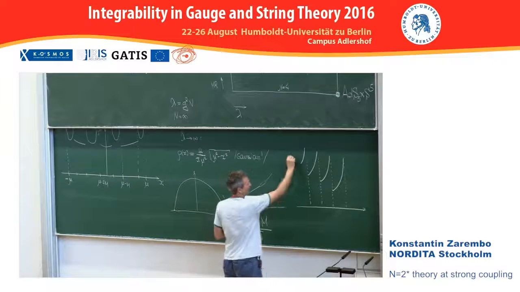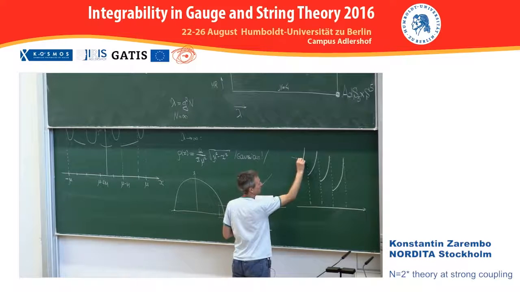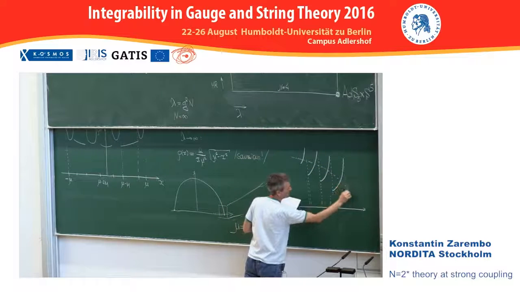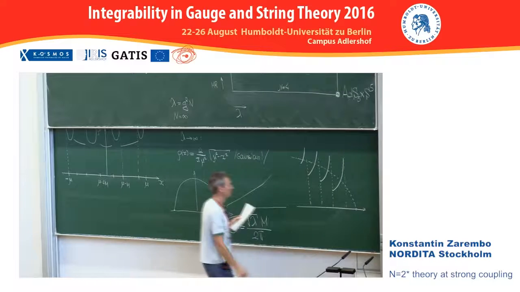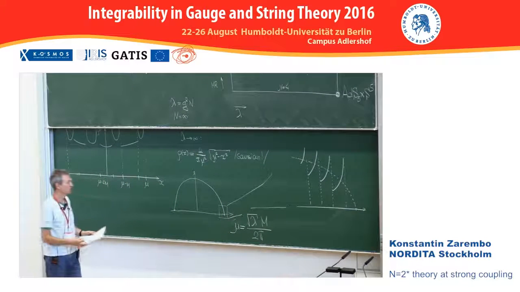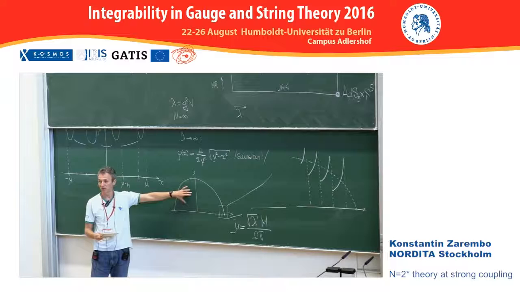But if you average over this short distance structure, then the average is what is drawn here. So this distribution arises when we average over very strong small scale fluctuations.